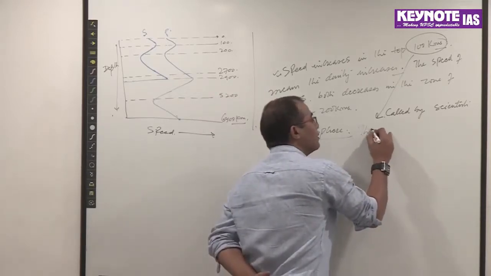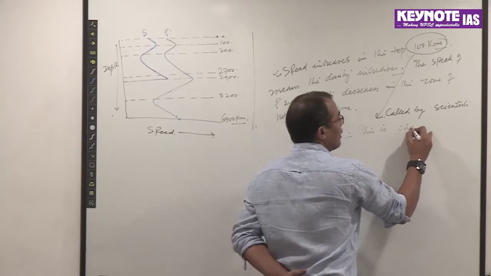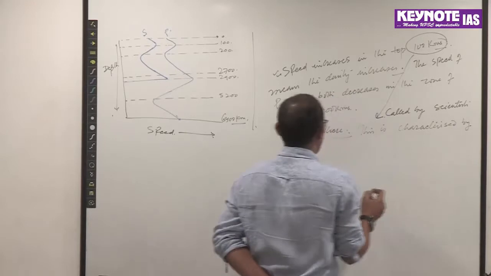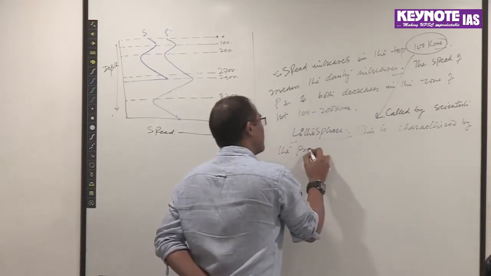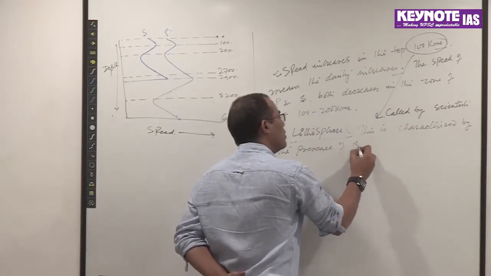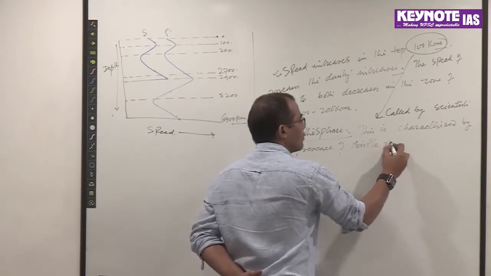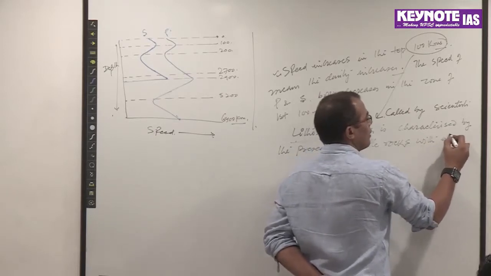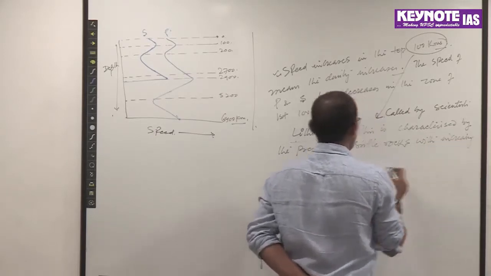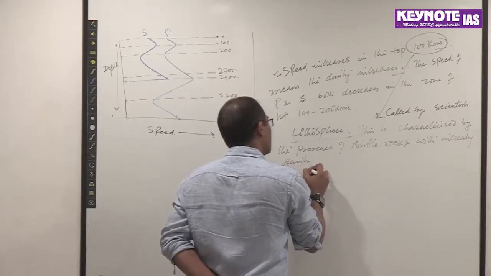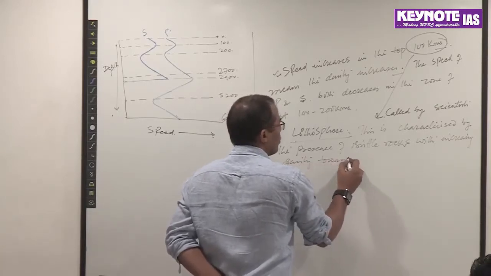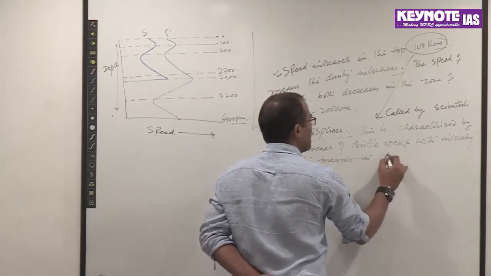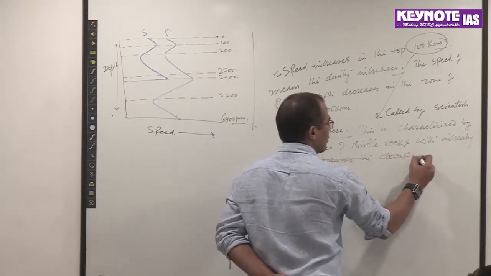Now this zone is characterized by the presence of brittle rocks with increasing density downwards.